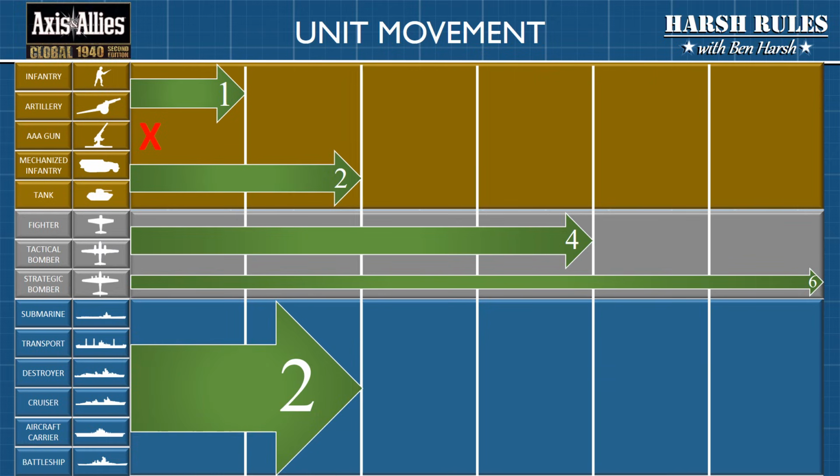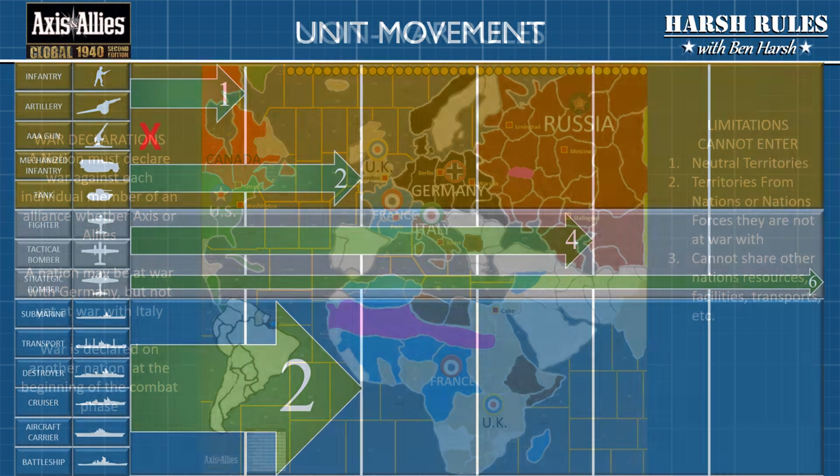Be aware that air units must divide their movement between the combat move and the non-combat move phases. At the end of the non-combat moves phase, they must be able to land in friendly territory. Finally, naval units all can move 2 sea zones per turn. With the aid of a sea base, their range is extended to 3.